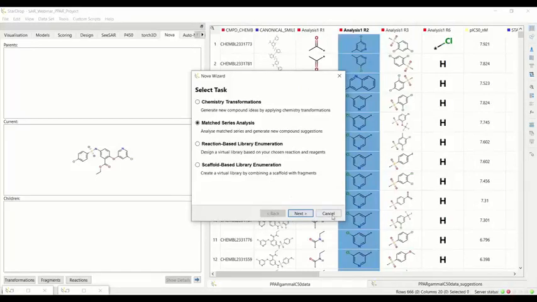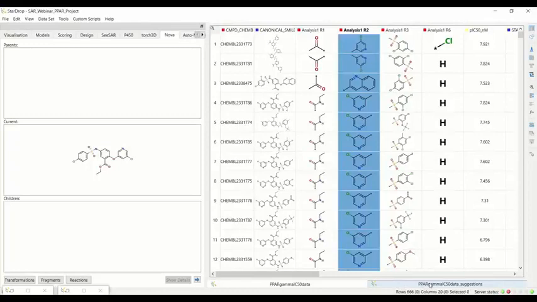In matched series analysis, you can go through the SAR within your data set, look at the SAR trends, and use those trends to find other R groups, either from within other chemotypes in your data set, or from knowledge bases outside of your data set, and make suggestions for which compounds should be made that would have improved activity.